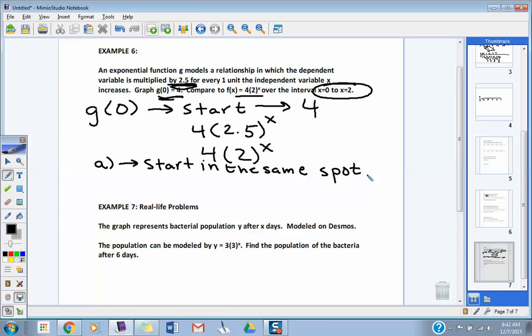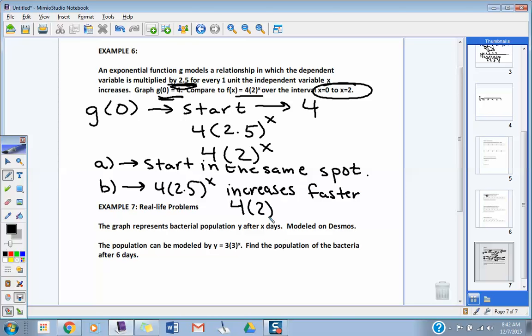The second thing we notice, though, is 4 times 2.5 to the x power increases, or grows, I don't care what word you want to put in there, I'm going to say increases faster than the function 4 times 2 to the x.